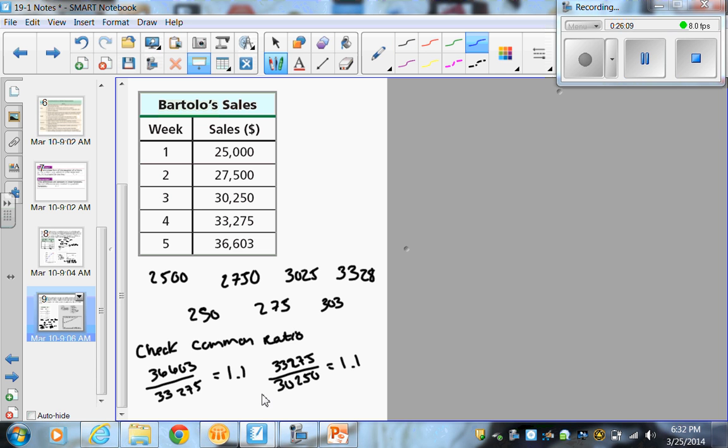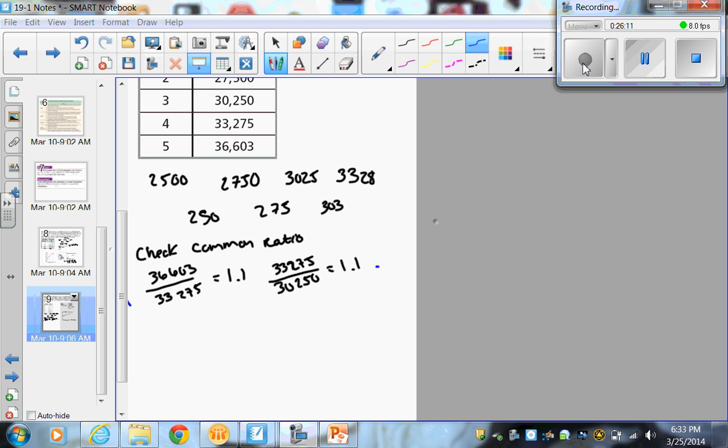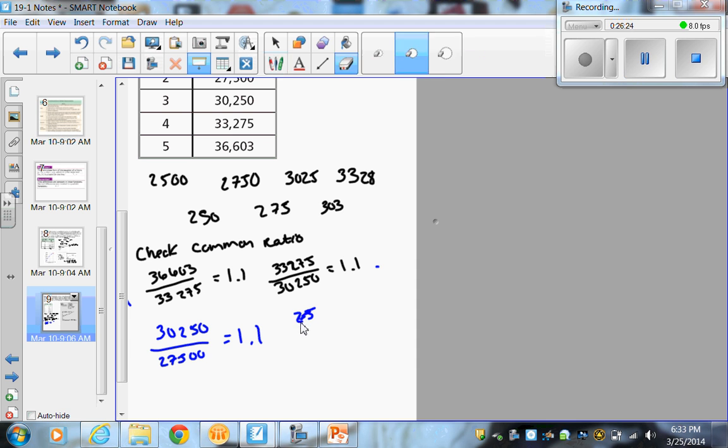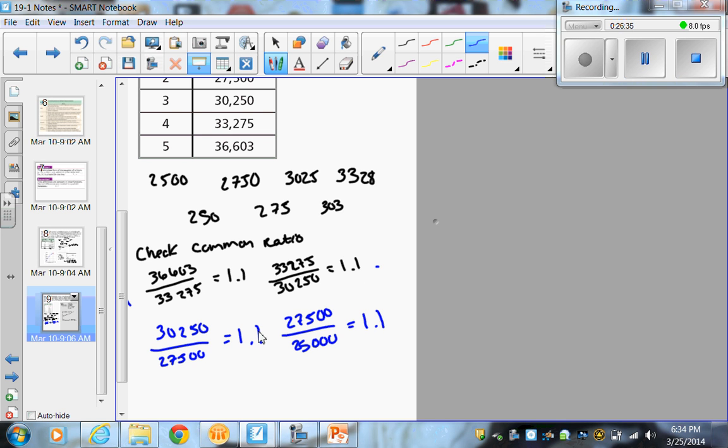That's also 1.1. So then I can continue this for the rest of them, and I will indeed get the same ratio. So since the ratio is the same, this tells me that it's going to be exponential.